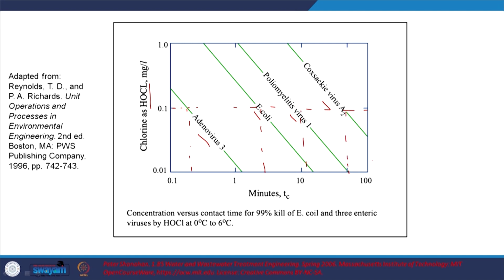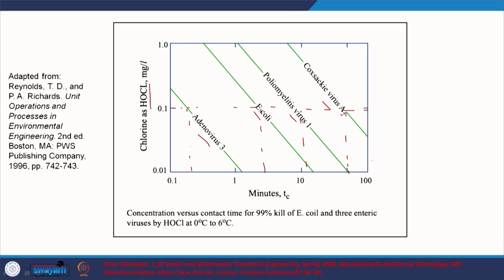A 100-minute contact time is a lot. So, obviously, you need to look at what it is that you are trying to achieve. For wastewater treatment, disinfection relevant standards are different. For water treatment, standards are much more stringent, obviously. In the context of wastewater treatment, it is relatively different.